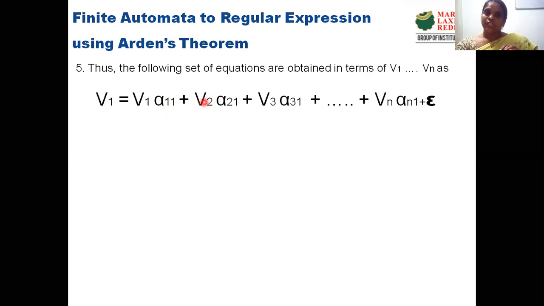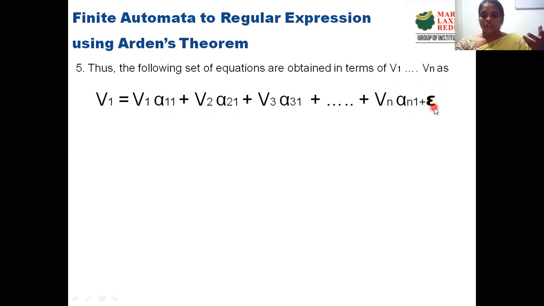And V2 is state 2 here, and alpha 21 is the transition coming from state 2 to state 1. Similarly, and so on up to Vn, the nth state, and alpha n1 is the transition coming from state n to state 1. And finally, we have this epsilon here.